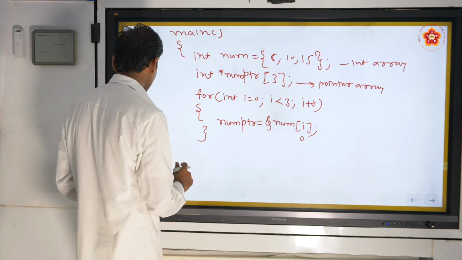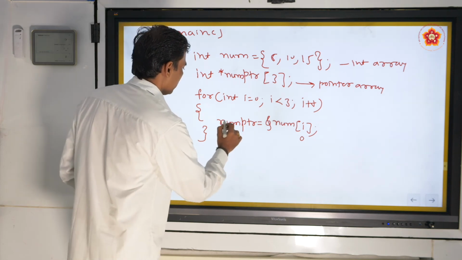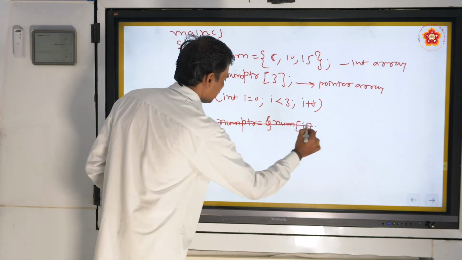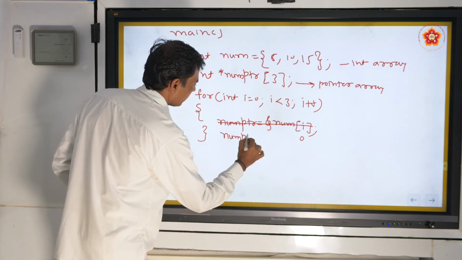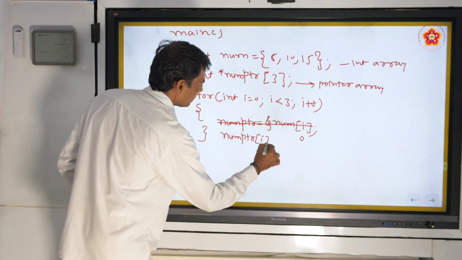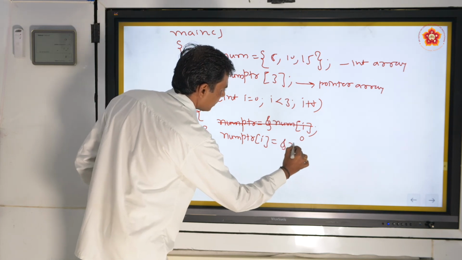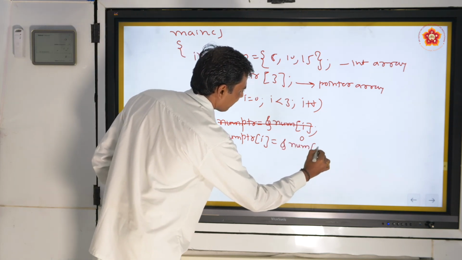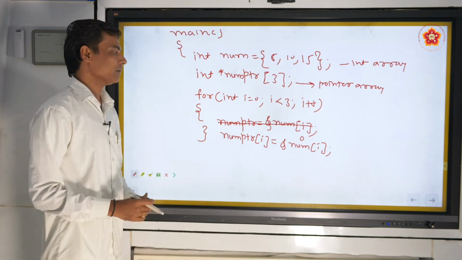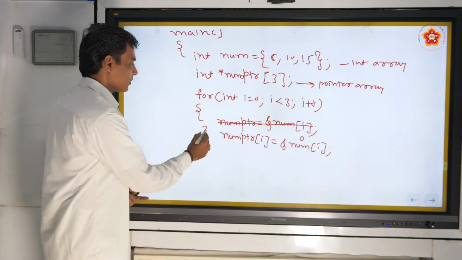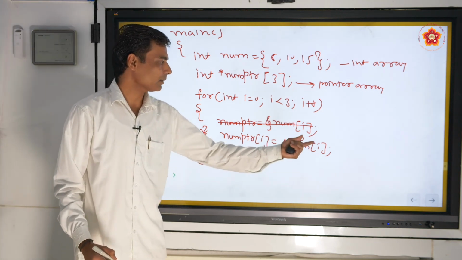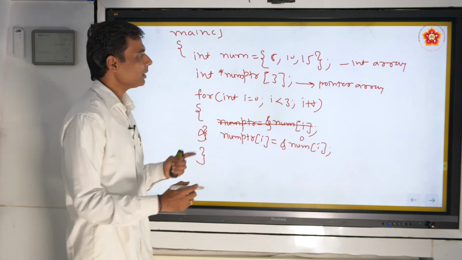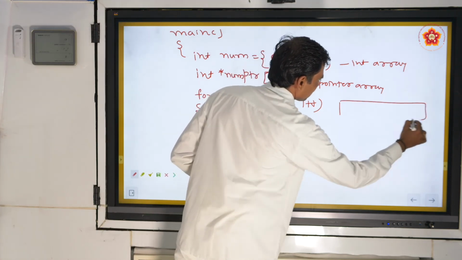One more modification I have to make here: as numptr is also an array, numptr of i is equal to address of num of i. So here in memory we have created 2 arrays.